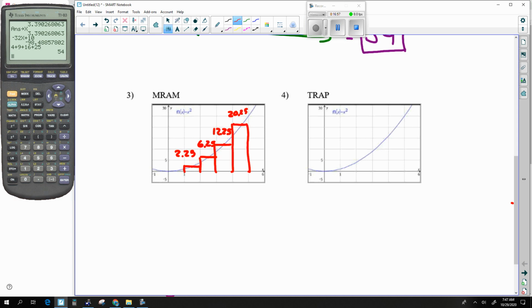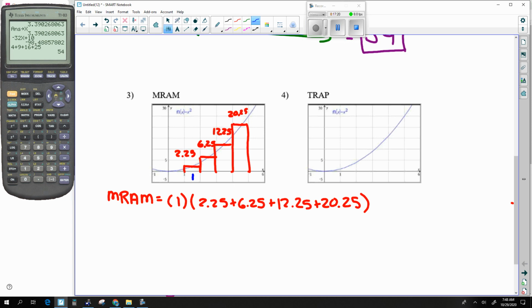But again, they're rectangles, so you can use the same tricks. This has a base of 1 and heights of 2.25, 6.25, 12.25, and 20.25. Again, you can only do it this way when you have a consistent base, like this is 1, 1, 1, and 1.